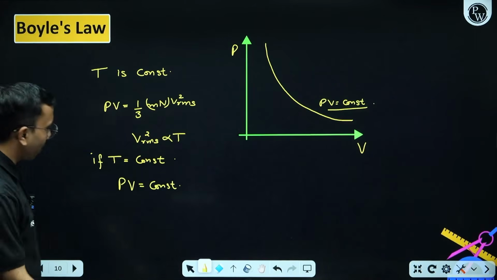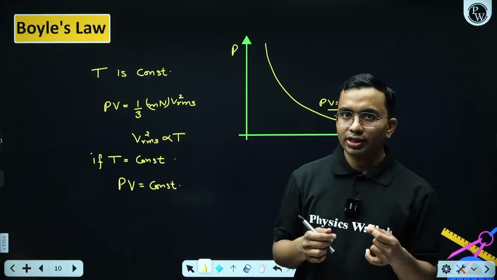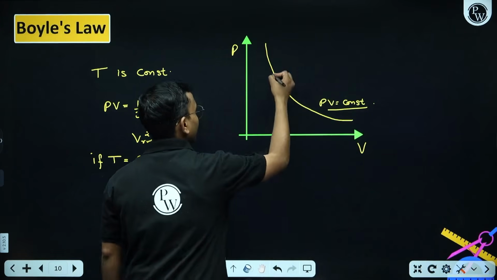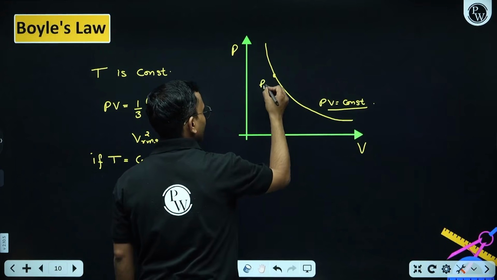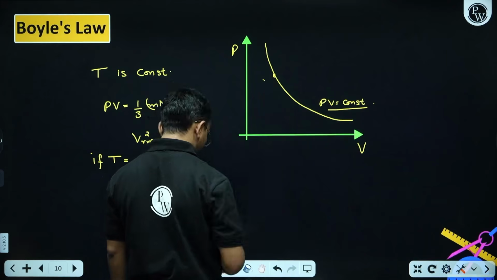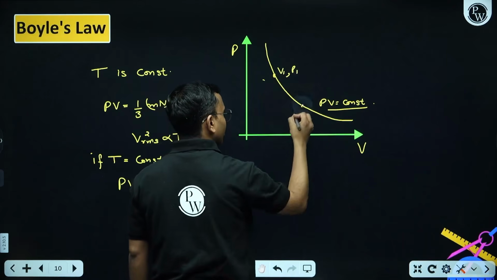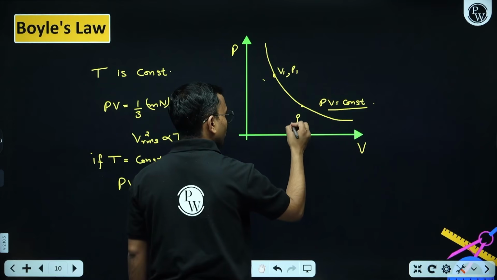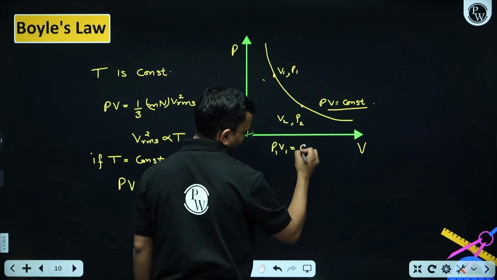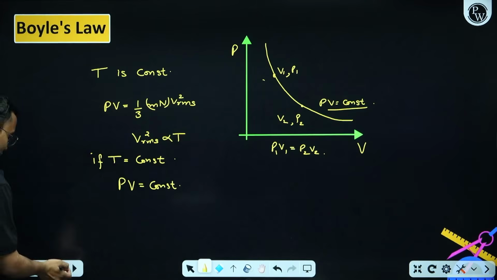Let us take a point where the pressure is P1 and volume is V1. At another point the pressure is P2 and volume is V2. So we will say that P1 V1 equals P2 V2, because the temperature is the same. So this is our Boyle's law.